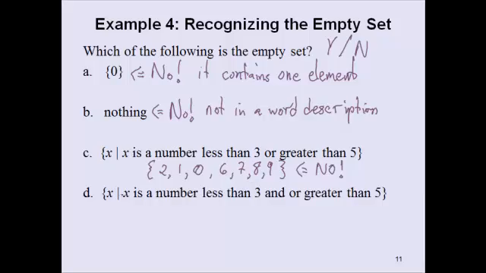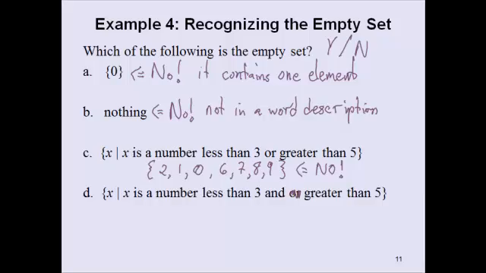What about X such that X is a number less than 3 and greater than 5? Okay? Oops, let me erase that. Or greater than 5. So what we want to do is, if X is a number less than 3 and greater than 5, well, there isn't a number.